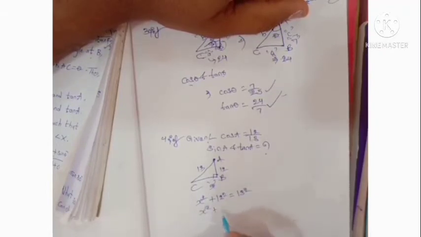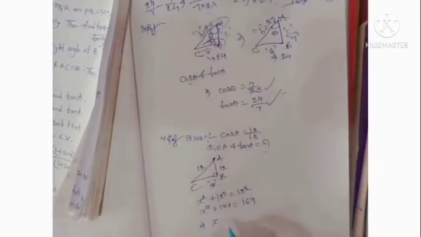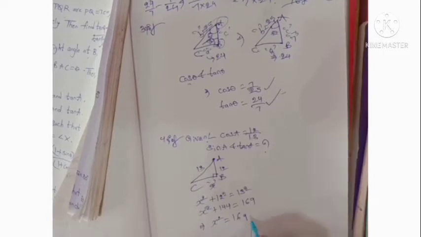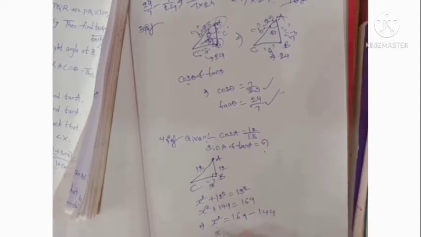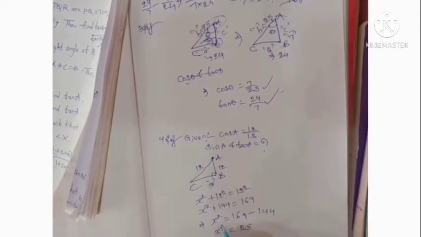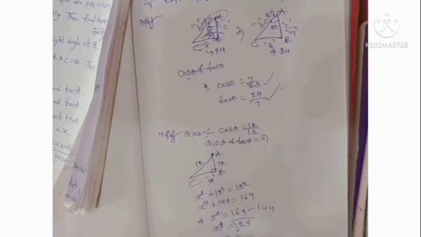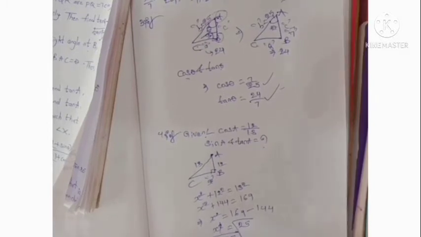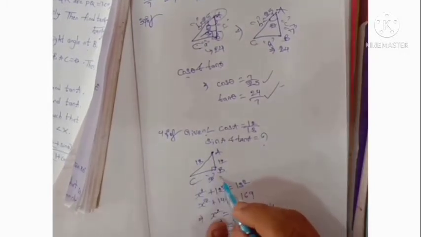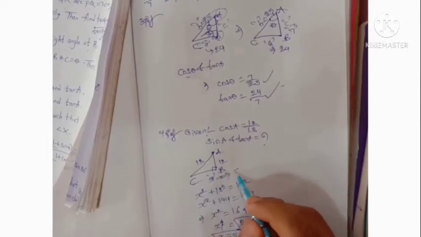X square plus 144 is equal to 169. Here, x square is equal to 169 minus 144, so x square is equal to 25. X is equal to root 25, means 5 units. Okay, x is equal to 5 means BC is equal to 5.